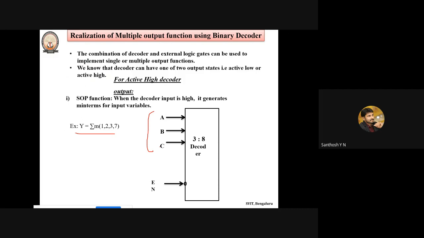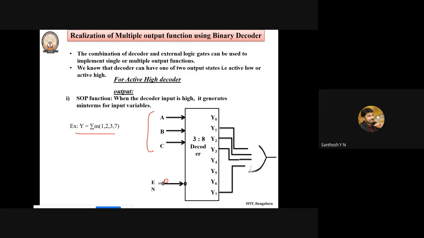We have already discussed this. To enable this decoder, you have to give 0 to it. Next, the outputs are Y0 till Y7.